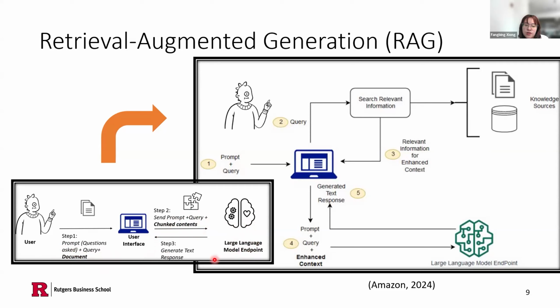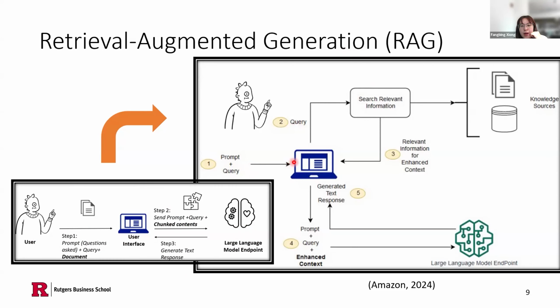Then the endpoint generates context and gives it back to the user. This is a pretty direct process. That's what we have in a foundation large language model.